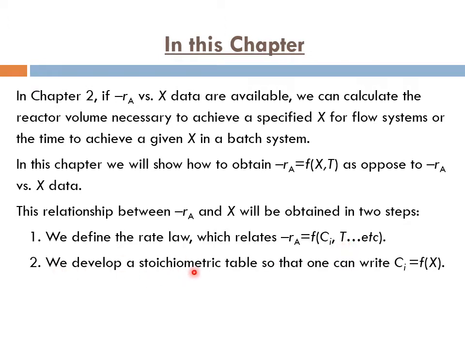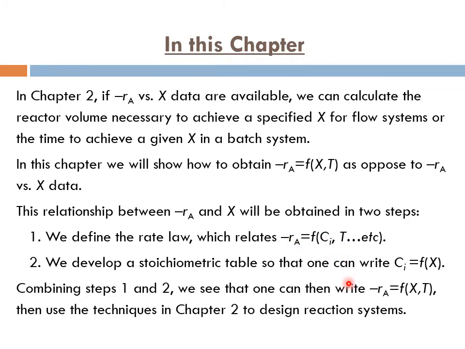Then we're going to develop a stoichiometric table so that we can write concentration as a function of conversion. Then we can substitute for concentration with this equation, so we'll end up with the rate of reaction as a function of conversion and temperature.